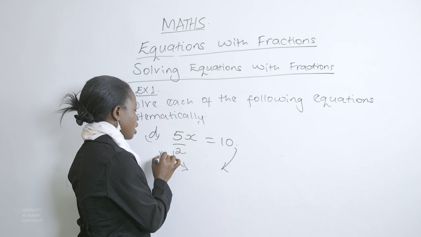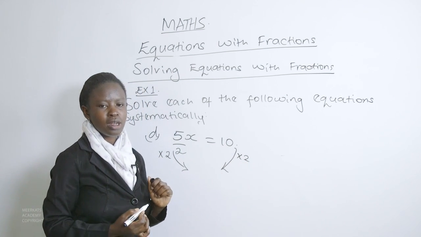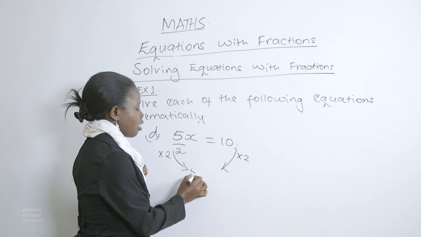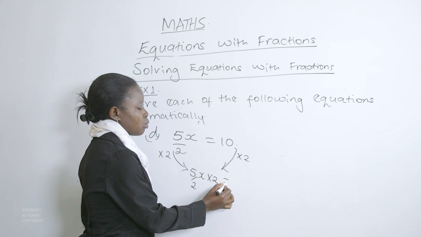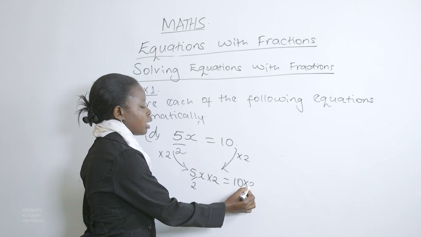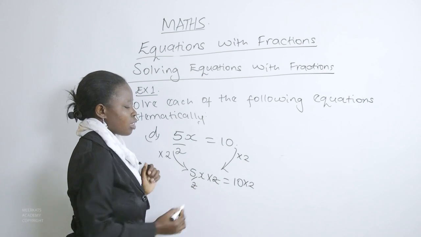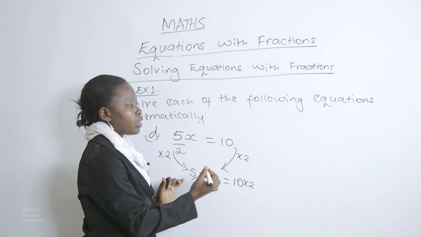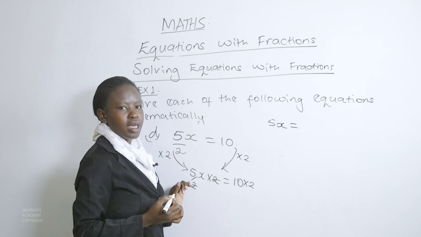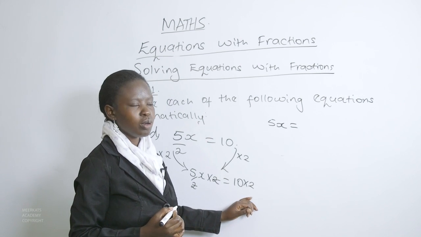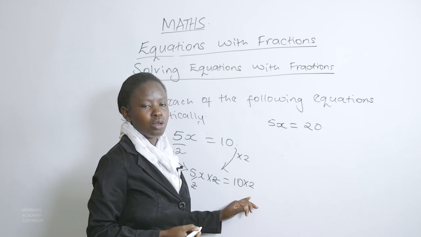So we multiply by 2 on the left hand side, multiply by 2 on the right hand side, so that we will have 5x over 2 times 2 will be equal to 10 multiplied by 2. When we multiply, 2 and 2 cancel out, and we are left on the left hand side with 5x is equal to 10 times 2, which gives us 20.